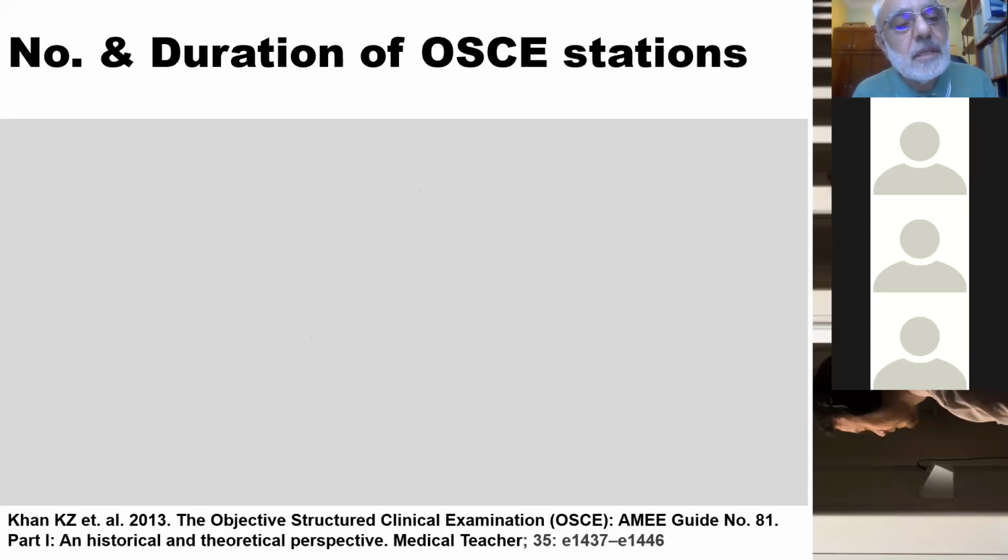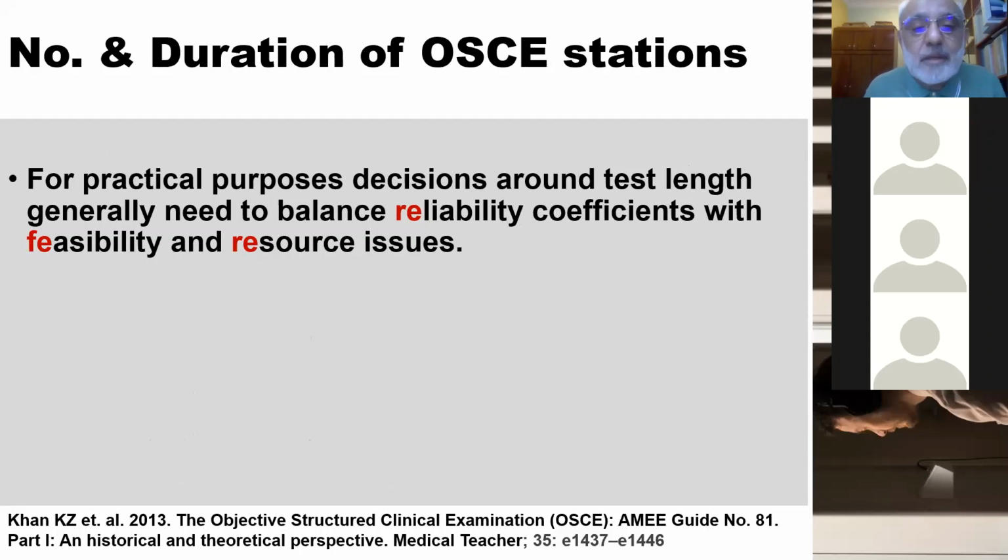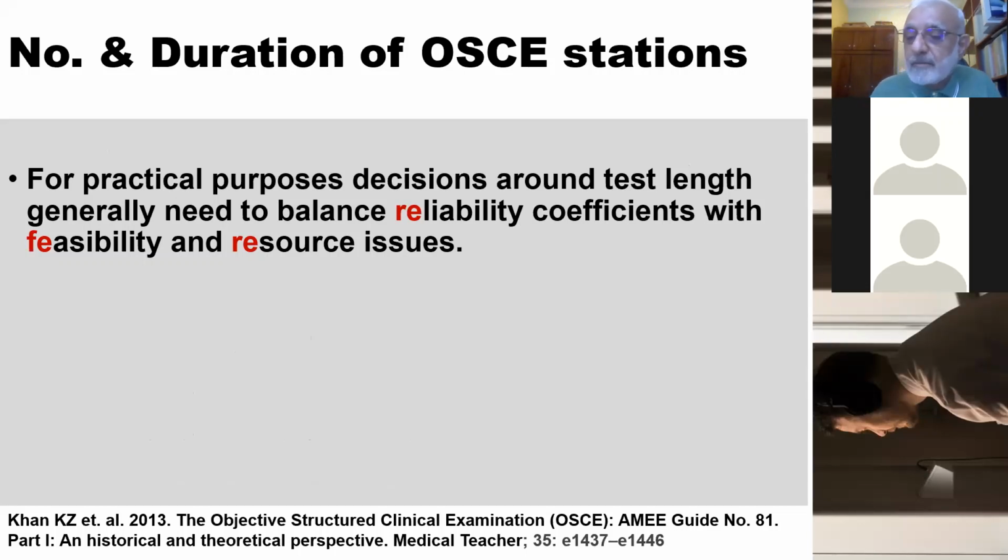What is the minimum number of OSCE stations and what is the duration? For practical purposes, when we are running OSCEs, there are a number of factors which would influence our decision in terms of number of stations. For example, we need a minimum number which can give us good reliability, at least around 0.8.